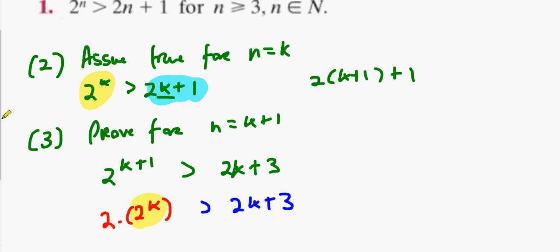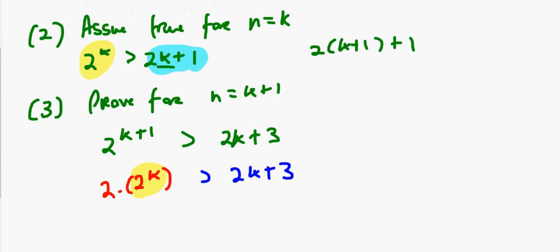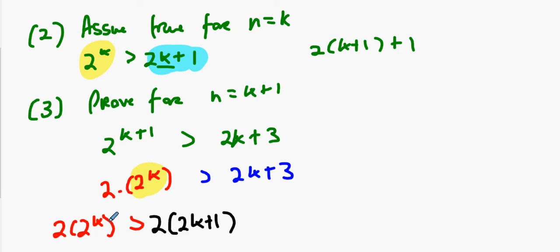So, if I introduce an intermediate part where I say 2 times 2 to the k, so the red part, is greater than 2 still there, but I'm subbing out the 2k for 2k plus 1. I'm saying that 2 times 2 to the k is assumed bigger than 2 times 2k plus 1.